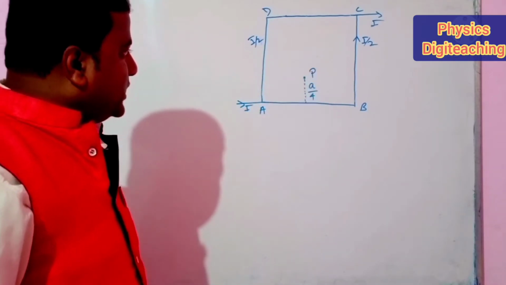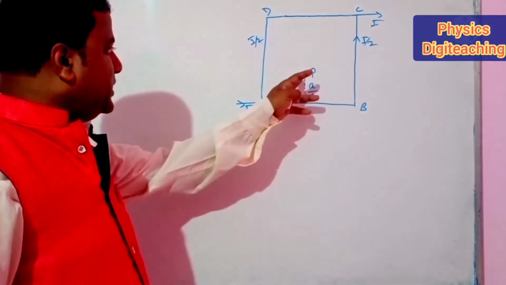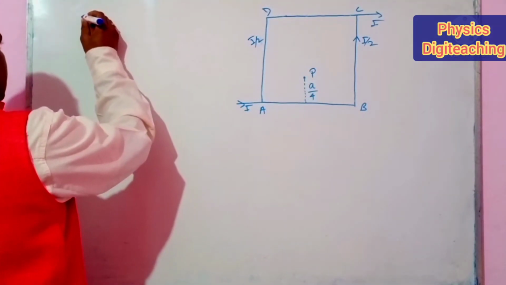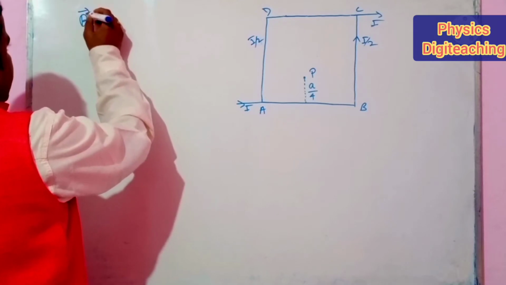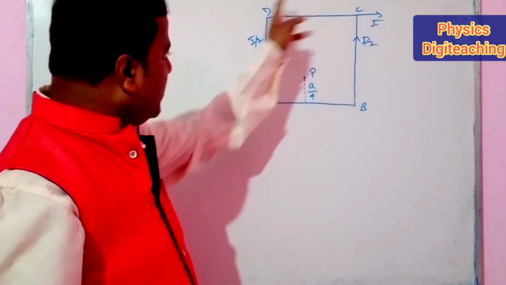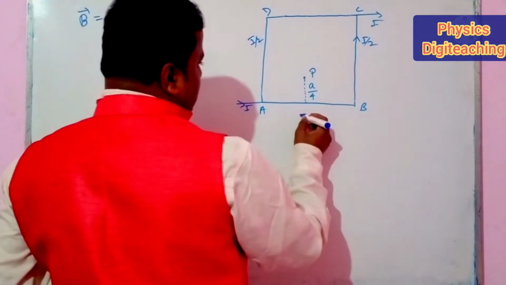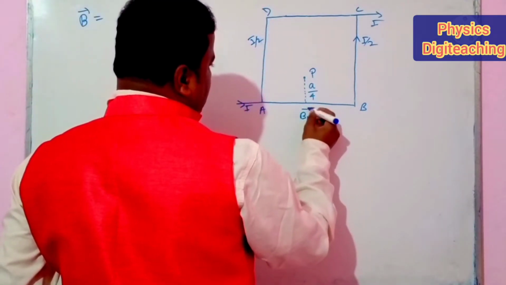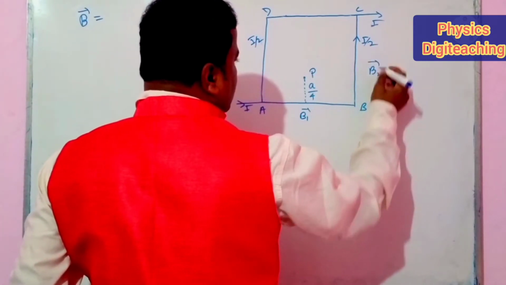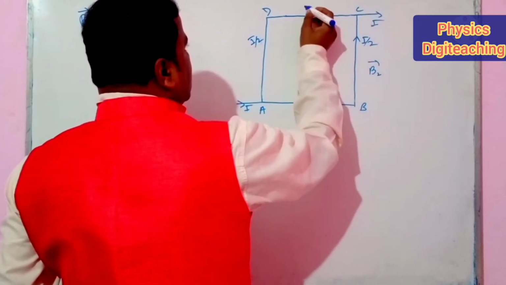We have to calculate the total magnetic field at P, and this total magnetic field B will be contributed by four parts. The magnetic field B1 for AB and B2 for BC.